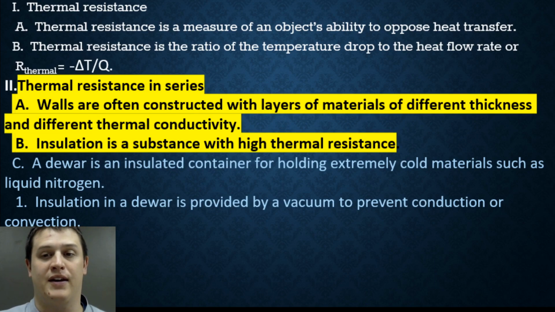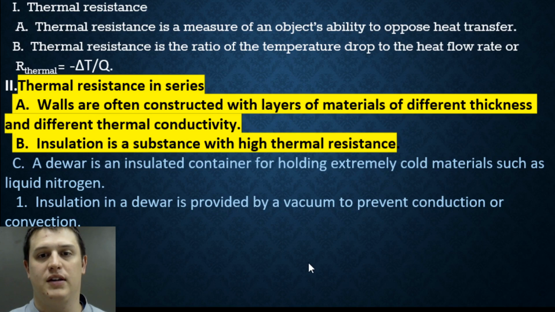The insulation provided in that container is a vacuum to prevent conduction or convection. It does not prevent radiation. So that container is still going to feel a little cold, and heat coming from the outside is also going to get through to make that gas warm up a little bit. That's why you start to see the gas flow looking like smoke more or less, but it's that liquid nitrogen actually radiating and starting to be turned back into a gas through evaporation.